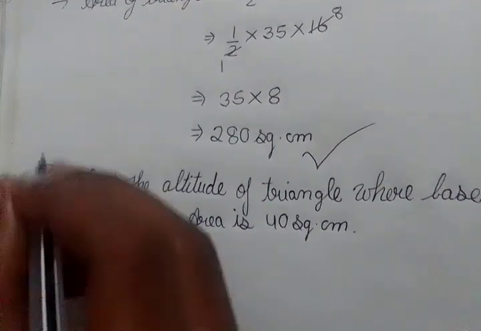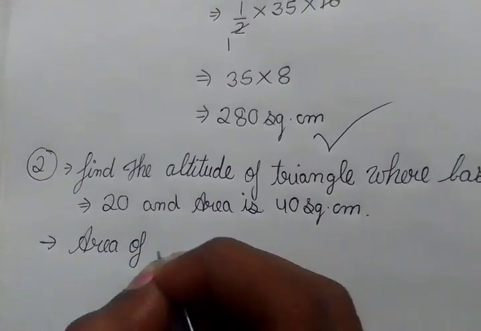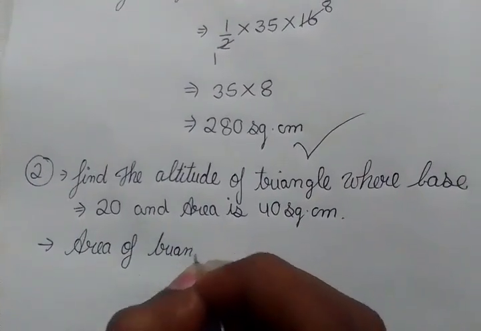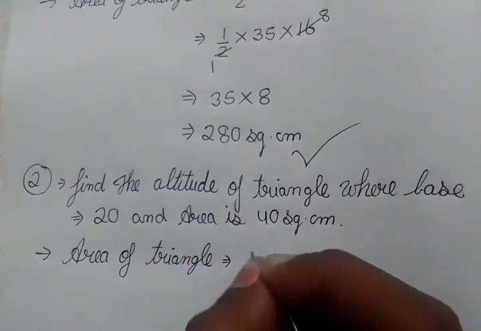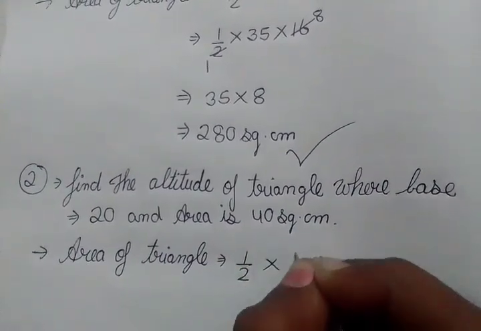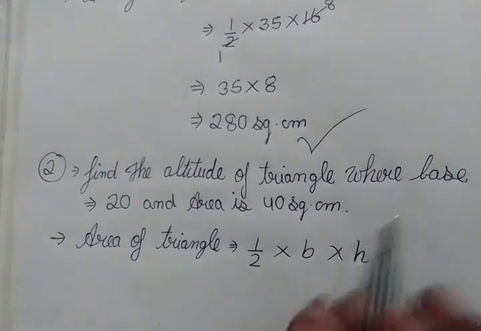So here we will write the formula first. Area of triangle, that is already given in question, equal 1 by 2 into base into height. So the area is 40.